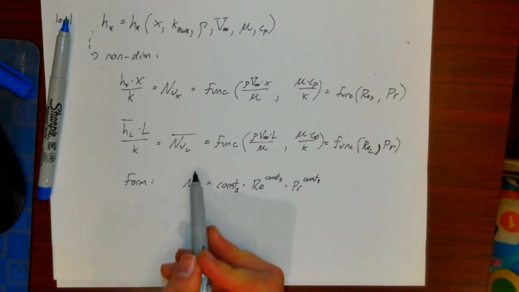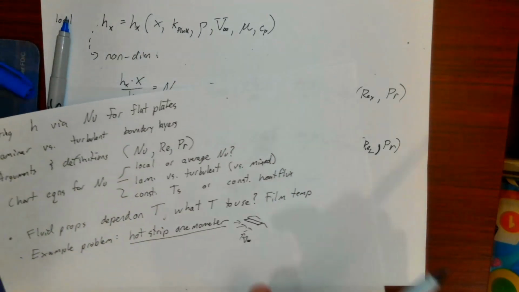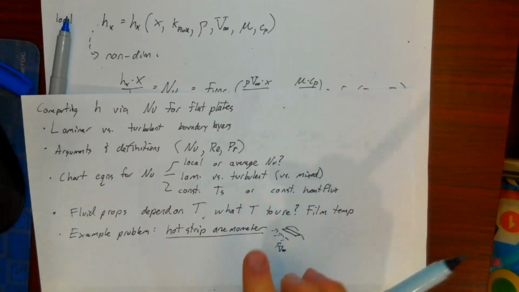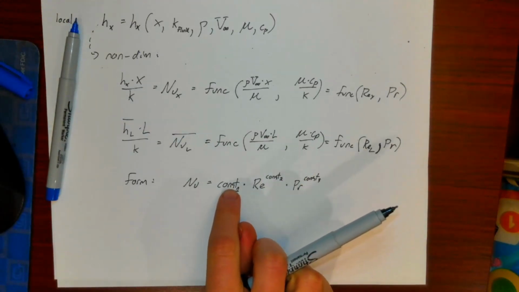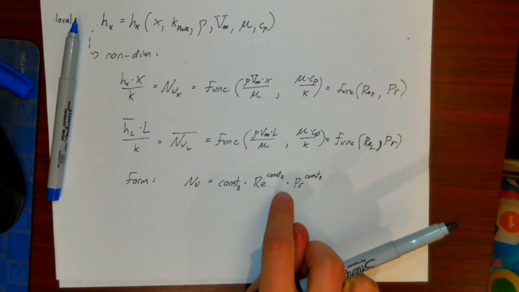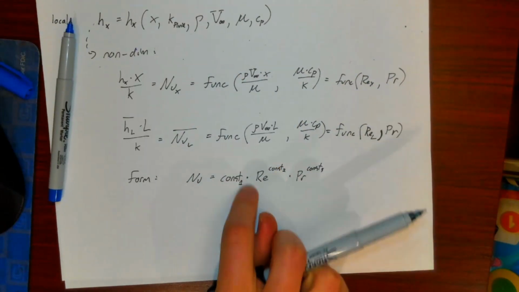What exactly these constants are depends on which one you're talking about. So pretty much all of these functions, based on these three regimes or three different conditions that we could have, are of the form some constant times Reynolds number to some power times Prandtl number to some different power. So all these functions are basically going to take this form.